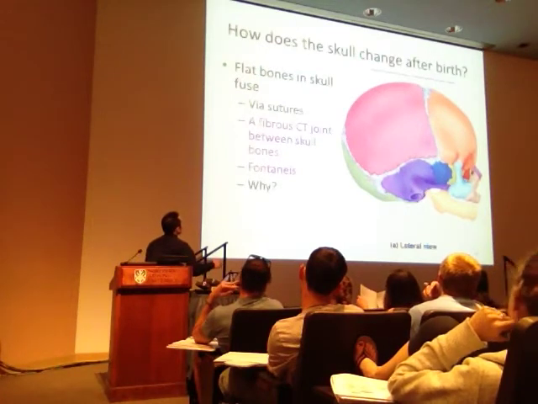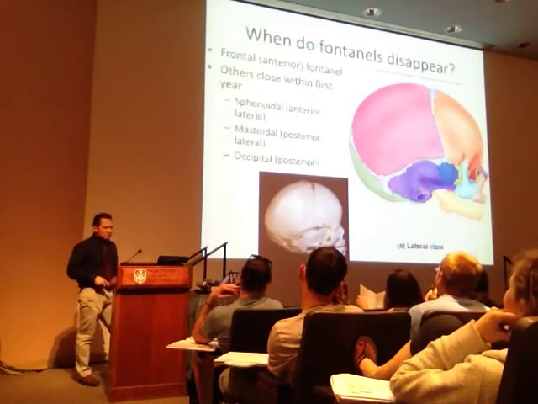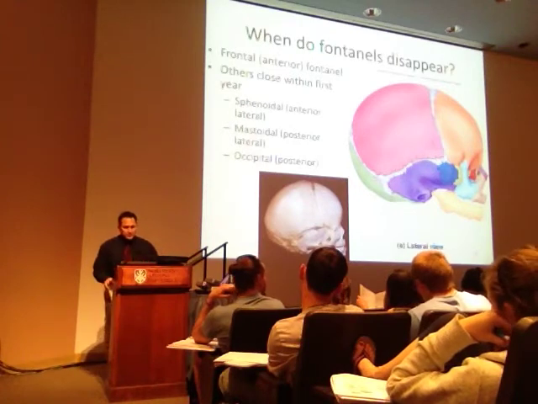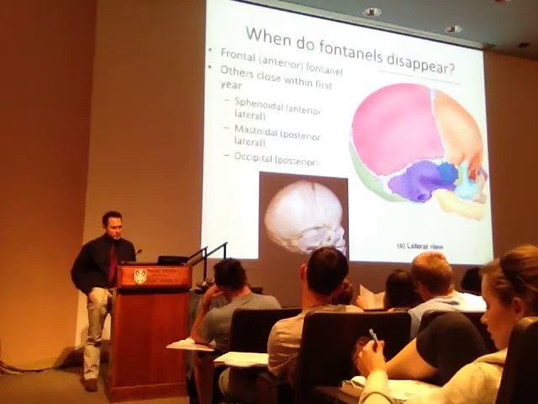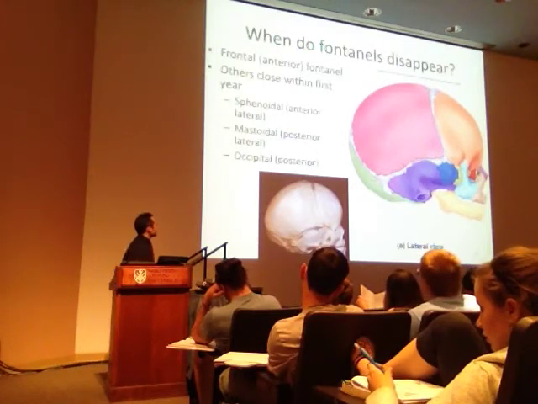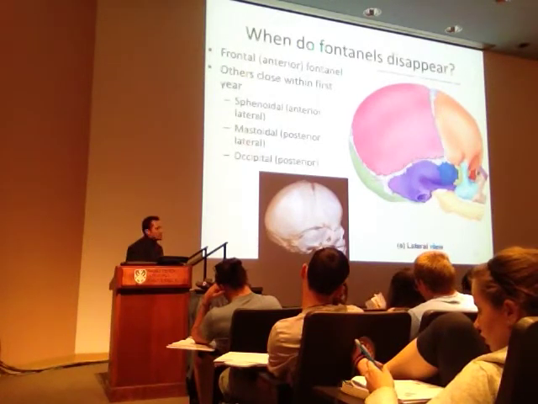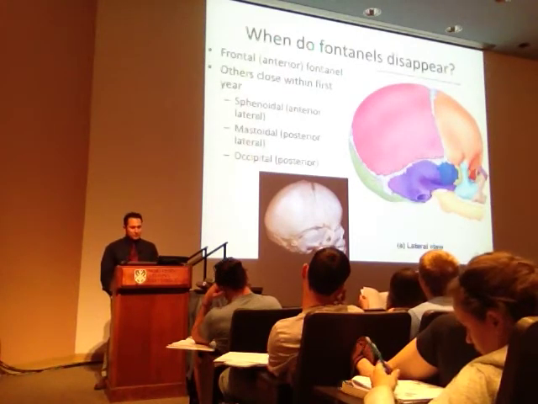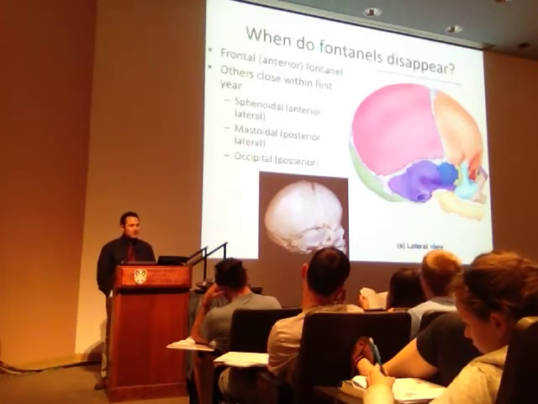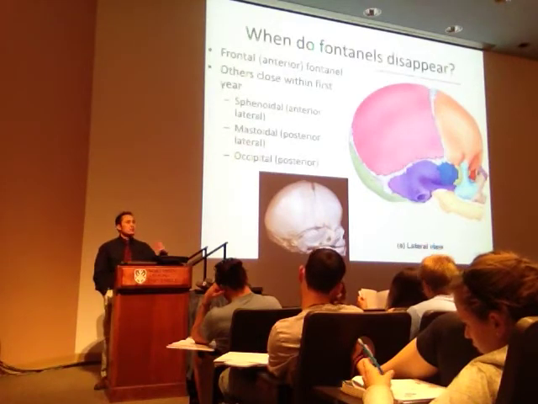Okay. But these fontanels that develop, they close. The frontal fontanel closes first. That's the anterior fontanel. The 18 to 24 months is when it closes. It closes last. The other ones close first.